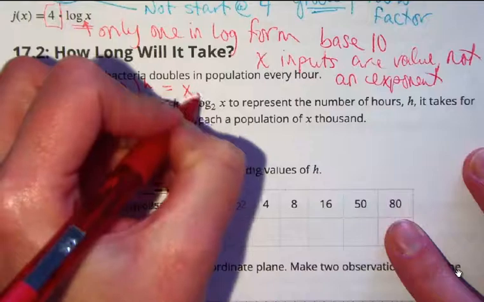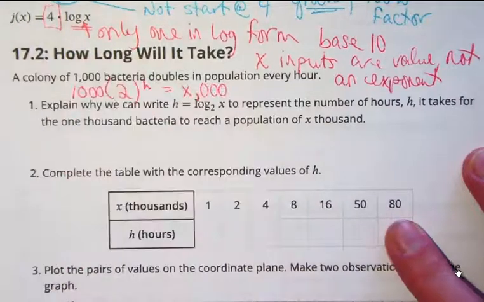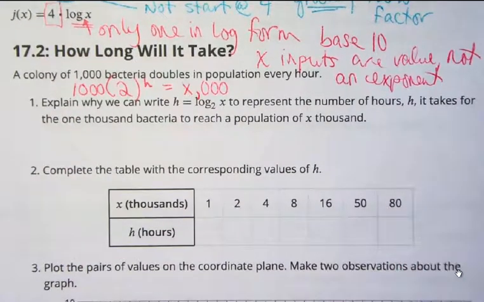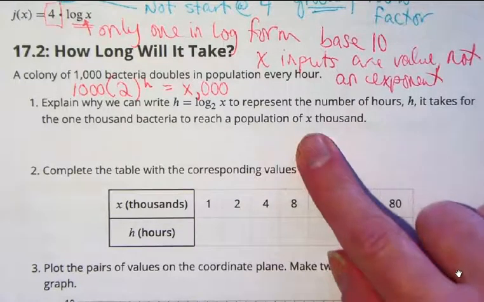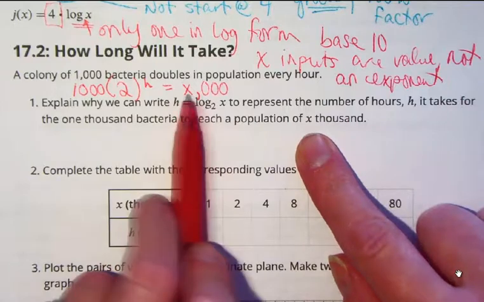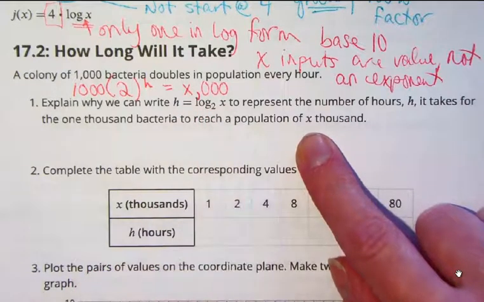There is x thousand bacteria. Okay, so that makes sense. If we have 4,000 bacteria, I'd put 4 in for x. I would have 4,000 here.